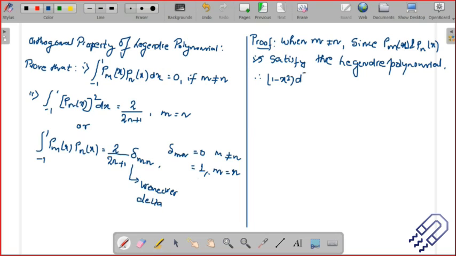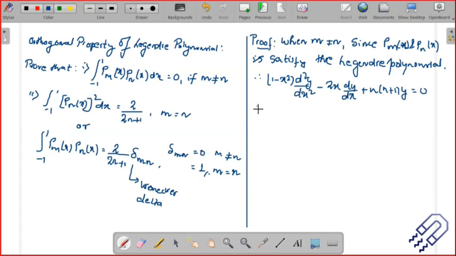If you remember, in the last class we have been using the generating function more, so this is the original Legendre equation: 1 minus x square y double dash, minus 2x dy divided by dx, plus n into n plus 1 into y is equal to 0.